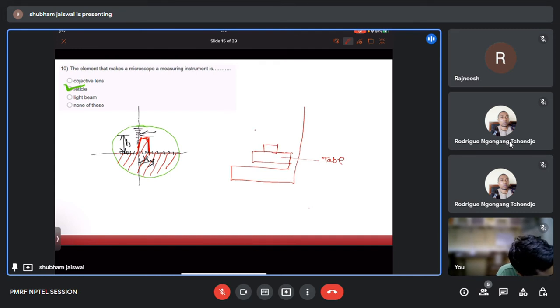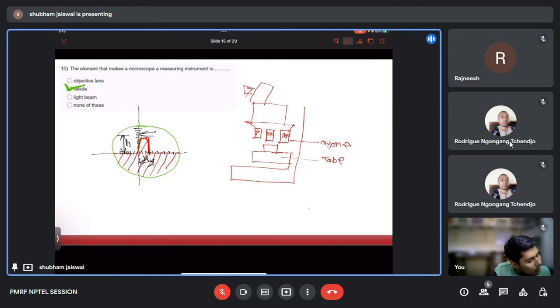You will have some lenses, like 5x, 10x, 20x. These are the objective lenses that we use for magnification. At the top you will have the eyepiece.